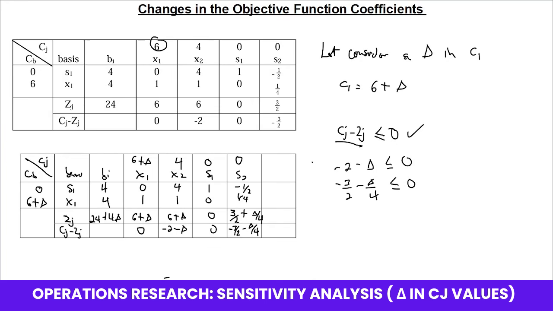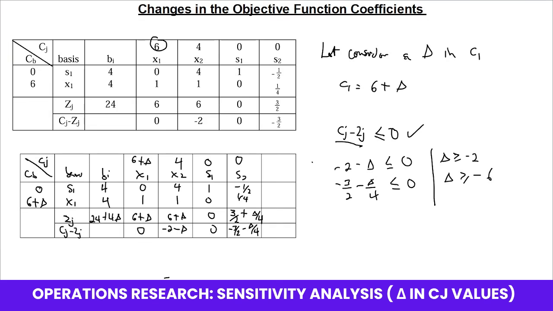Alright, so let's make delta the subject of the inequalities. When we make delta the subject for the first one, we are going to have delta greater than or equal to minus 2. And then with this, we are going to have delta also greater than or equal to minus 6.